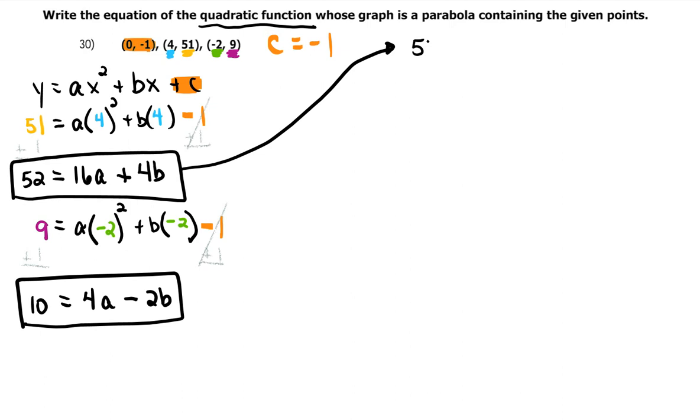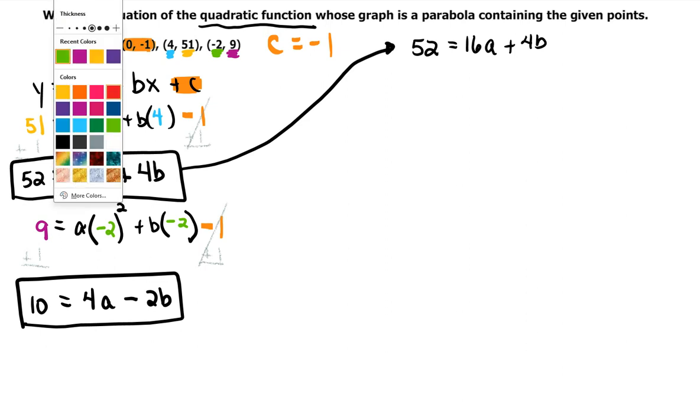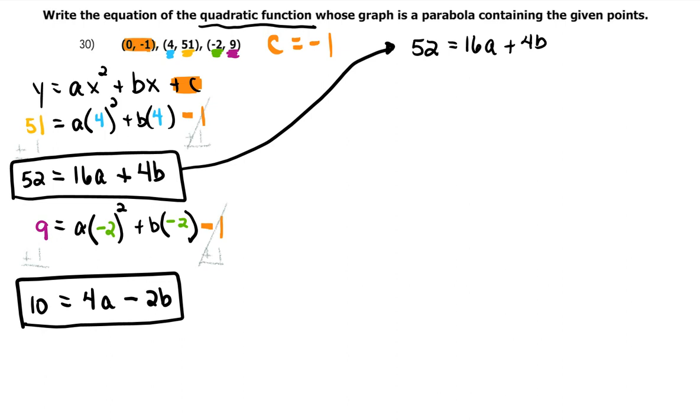The first equation, I'm not going to do a thing to it. I'm just going to copy it up here. But the second equation, if I were to multiply it times 2, remember what you do to one side, you have to do to the other, so I'd multiply the 2 times the 10, the 2 times the 4a, and the 2 times the -2b, which would make this -4b, so it'll cancel out and eliminate that positive 4b.